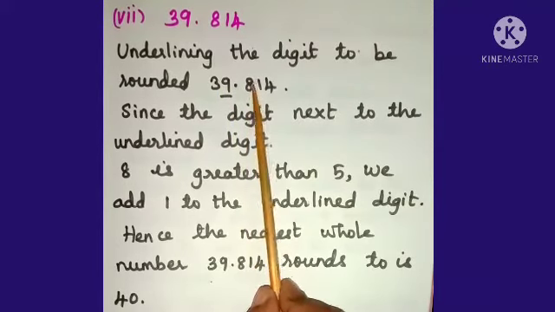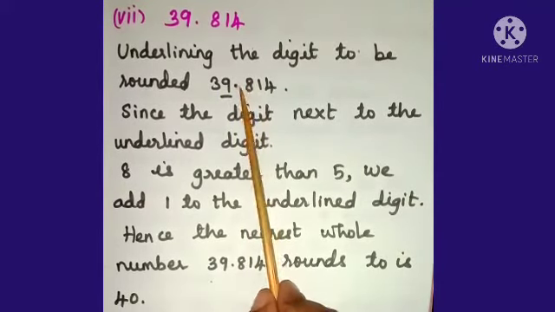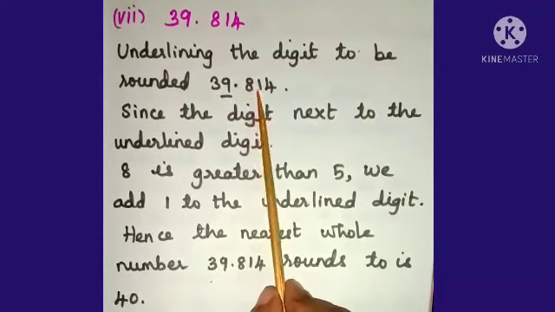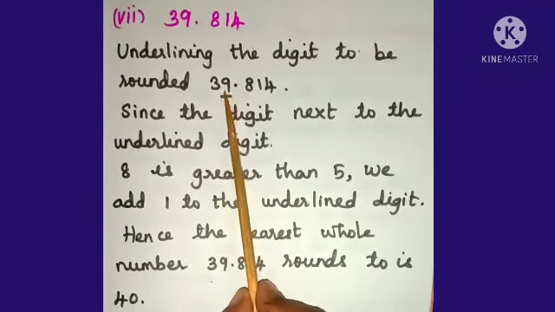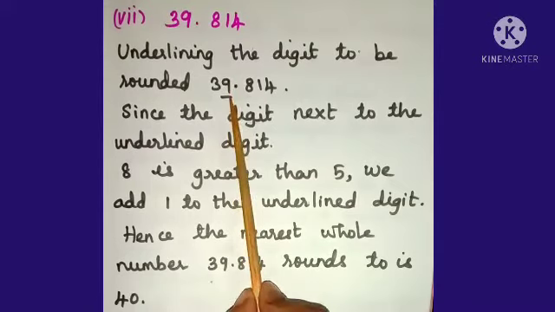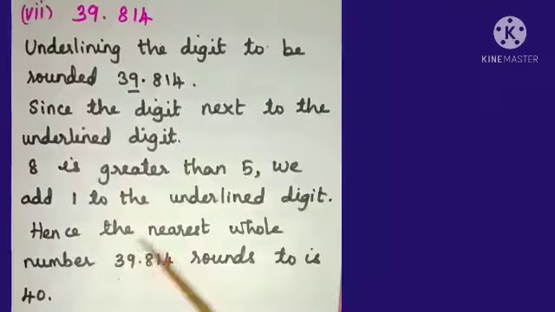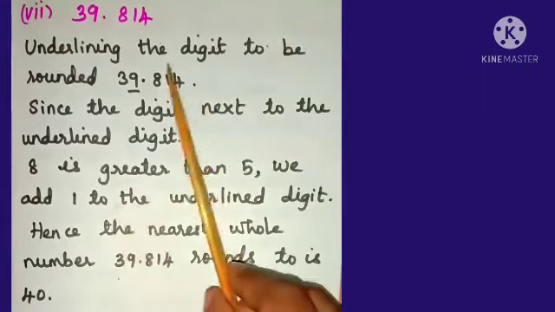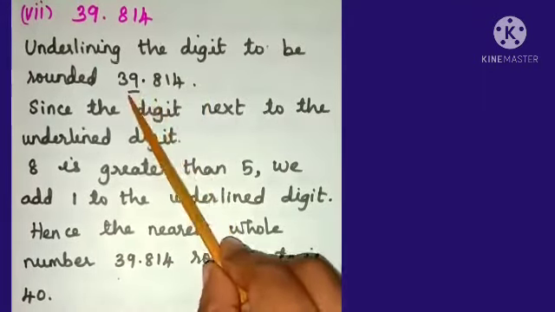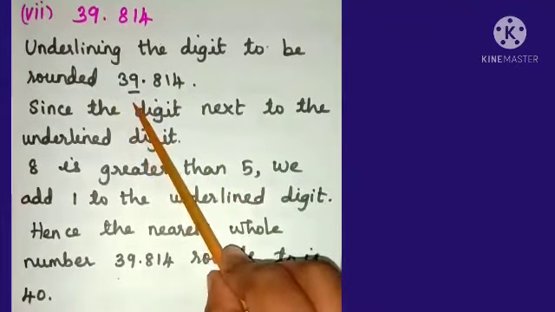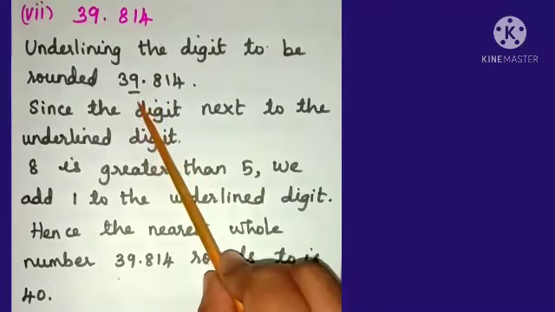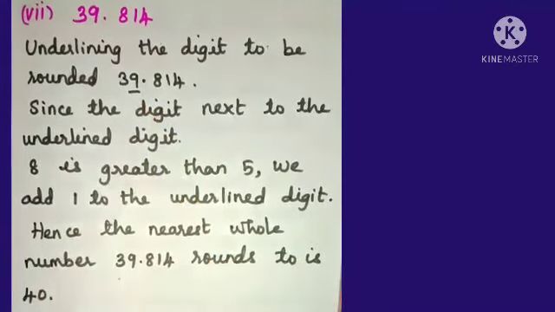Check whether 8 is greater than 5 or less than 5. Yes, it is greater than 5. If it is greater than 5, add 1 to the underlined digit. So 9 plus 1 gives 10. So here 39 becomes 40. When we draw a number line for this, we can observe that 39.814 is closer to 40 than 30. So the answer will be 40.